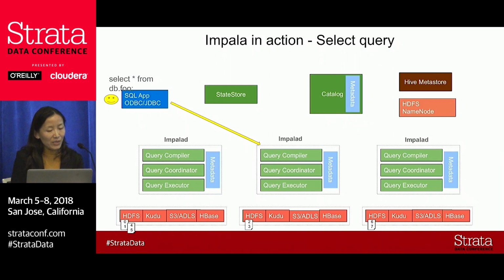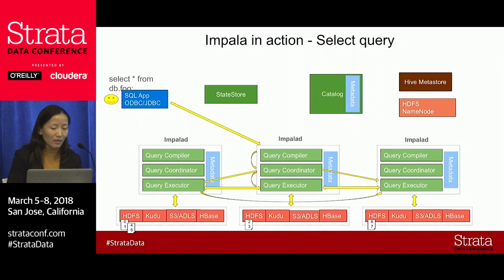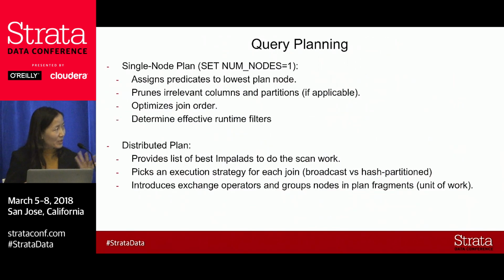Whoever you send the request to behaves as the coordinator, so it will start the front end part of the work, doing the query compiling and generating the plan. Then the coordinator will distribute the plan to all other Impala daemons, including itself if it's also an executor. Then the executors will communicate with the storage layer, doing the scan and the exchange and intermediate processing. Once everything's done, the data will be sent back to the client side. So that's the basic structure.